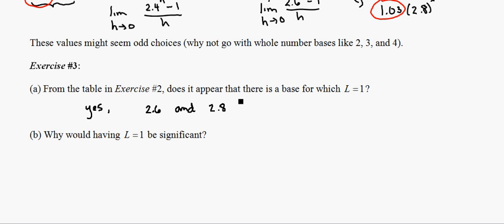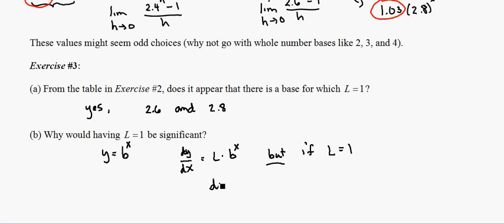Did you figure it out, right? What we know right now is that if we have y equals b to the x, then dy dx, or y prime, is going to be L times b to the x. But if L is equal to 1, then dy dx would just be b to the x again.